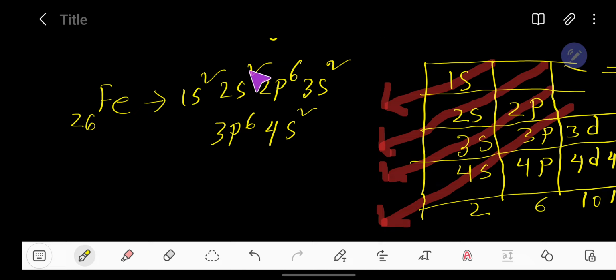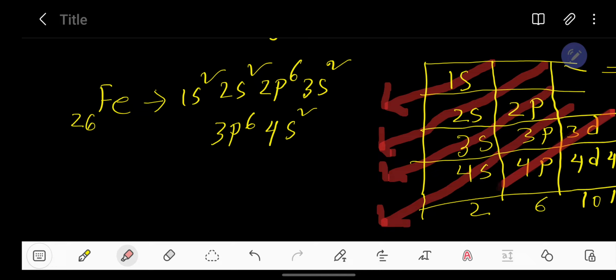Now count: 2, 4, 6, 8, 10, 12, 12 plus 6 is 18, 18 plus 2 is 20, but here you have 26. So now you have to consider this 3d.